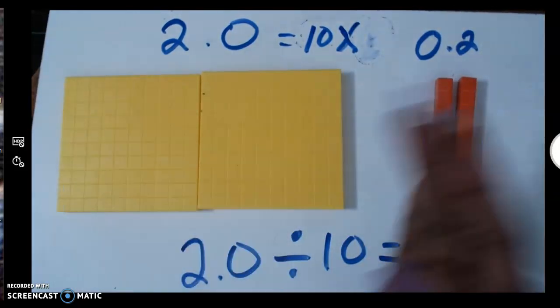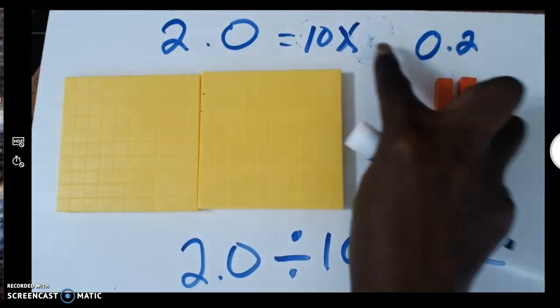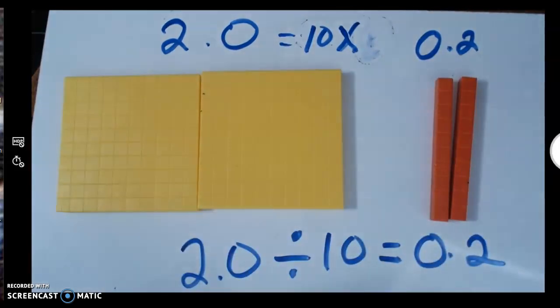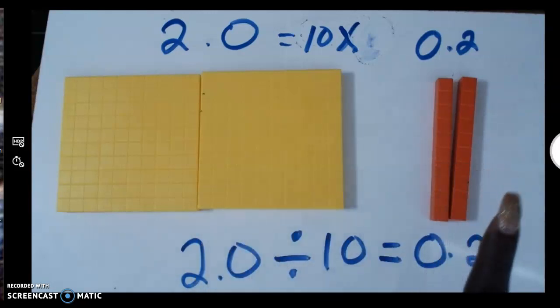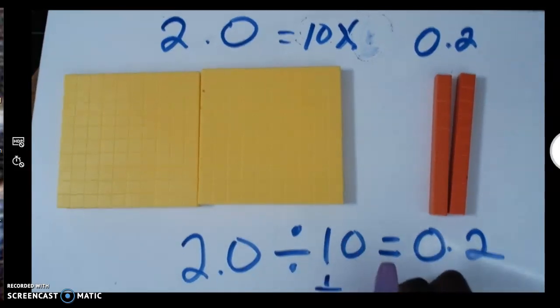So again, boys and girls, when we're going from a least place value to a greater place value, we're going to be increasing times 10. When we're going from a greater place value and losing value to a least place value, we are decreasing by 10 or powers of 10, or we are decreasing by dividing by 10 or dividing by the 1/10.